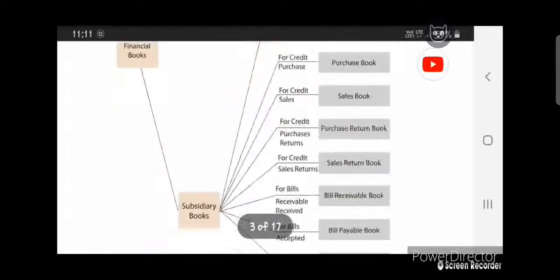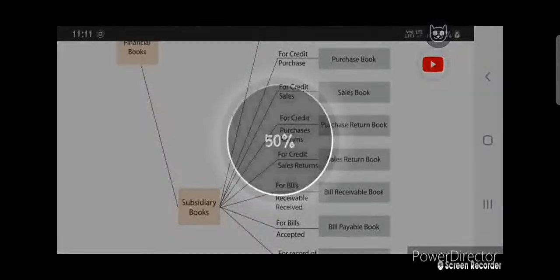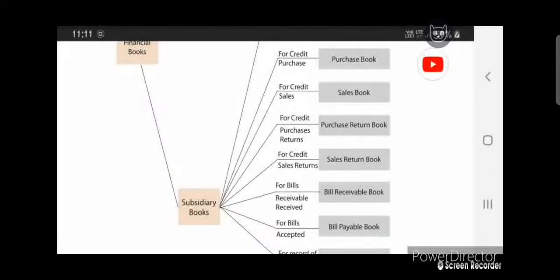And the petty cash book. In the purchase book you write all the credit purchases you have made. In the sales book you write all the credit sales you have done. In the purchase return book you write credit purchase returns, the goods you purchased and then returned to the company from where you purchased them.